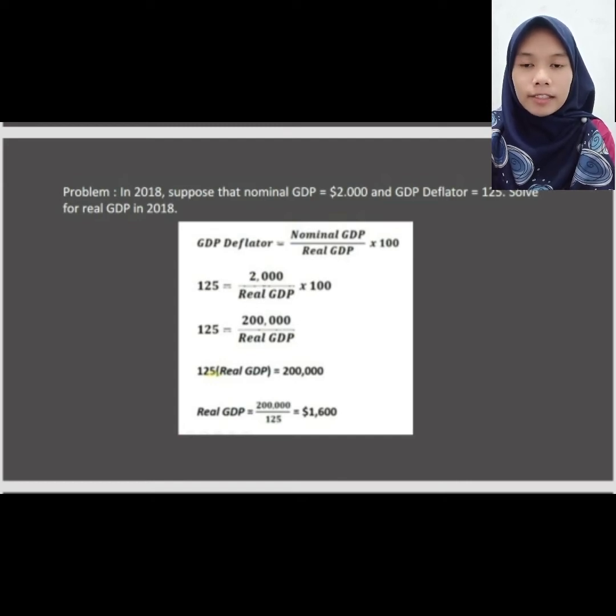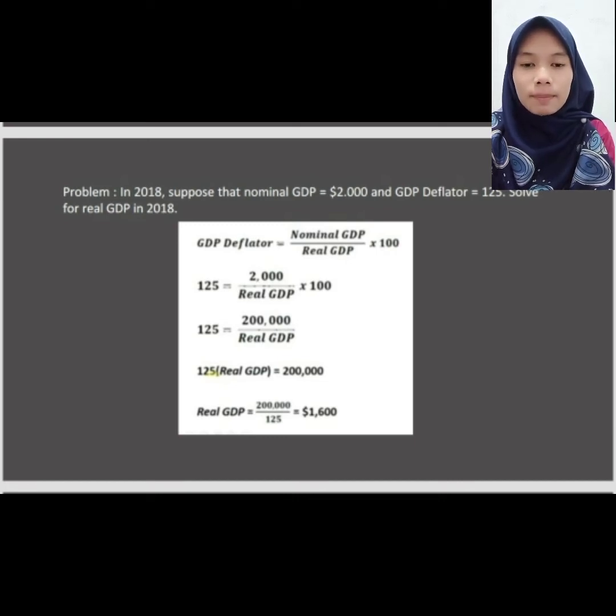And then 125 equals 200,000 divided by real GDP. So change position, 125 times real GDP equals 200,000, and real GDP is 200,000 divided by 125, which equals $1,600.